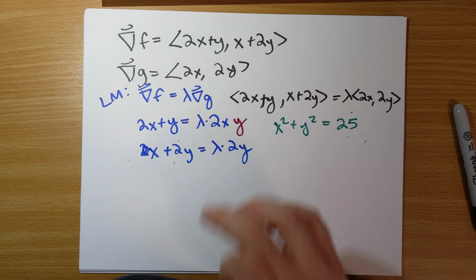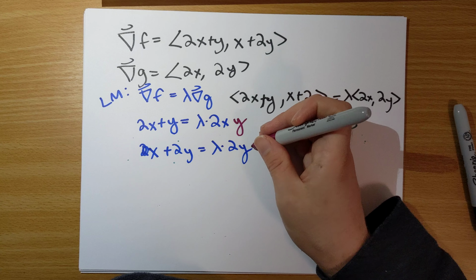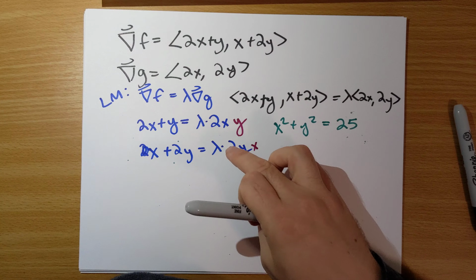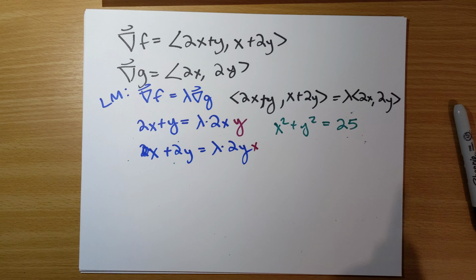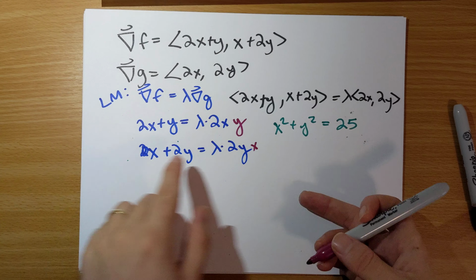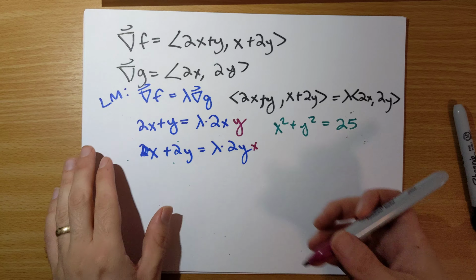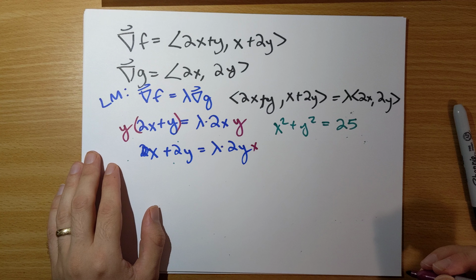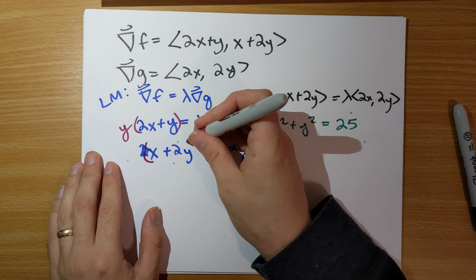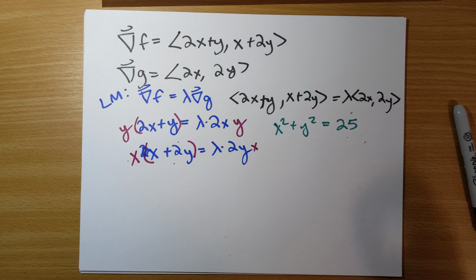If I multiply this by y, I get 2 lambda xy. When I multiply this by x, I get 2 lambda xy. And so these two will be equal, and I can set them equal to each other. But if I multiply this equation on the right by y, I also need to multiply this equation on the left by y. And similarly, I need to multiply both sides of this equation by x.